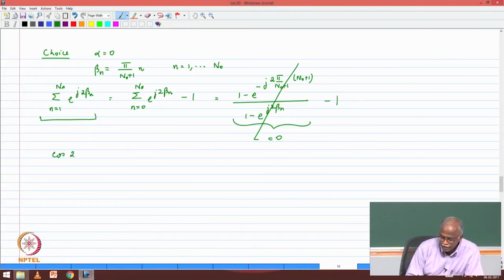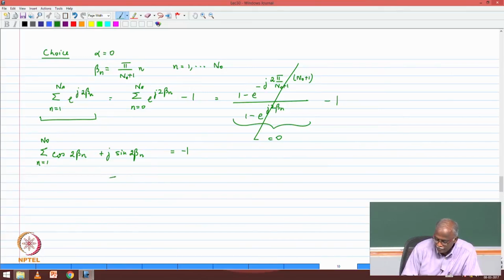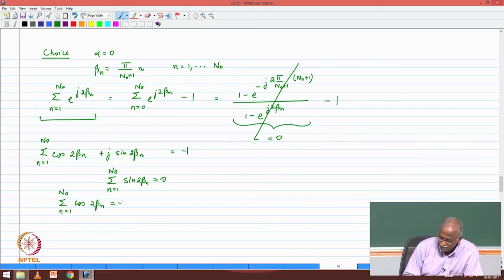This is summation n equal to 1 through n naught cosine 2 beta n plus j times sine 2 beta n. This is equal to minus 1. Which means that summation n is equal to 1 to n naught sine 2 beta n is equal to 0, and summation n is equal to 1 through n naught cosine 2 beta n is equal to minus 1.